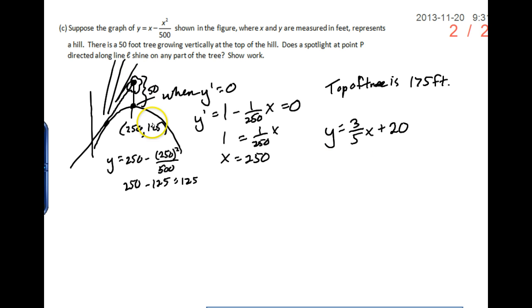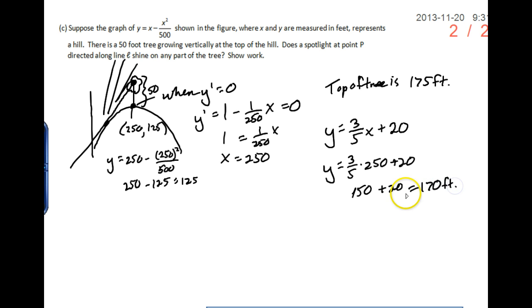So let's do a linear approximation when x is 250. y equals 3/5 times 250 plus 20. 3/5 times 250 gives us 150, plus 20 gives us 170 feet.